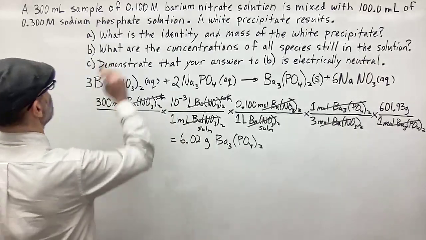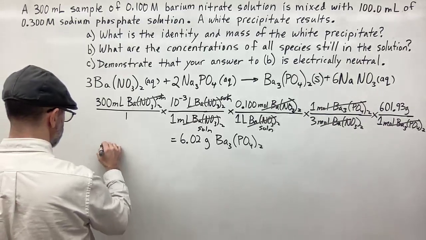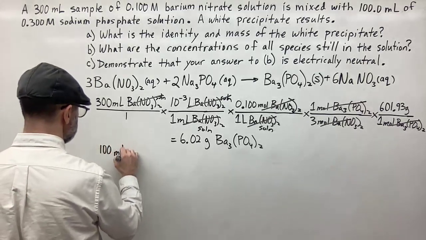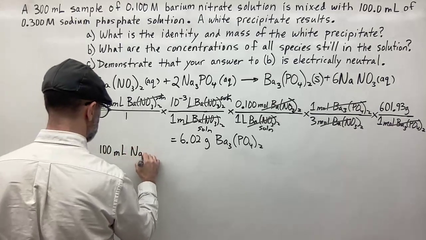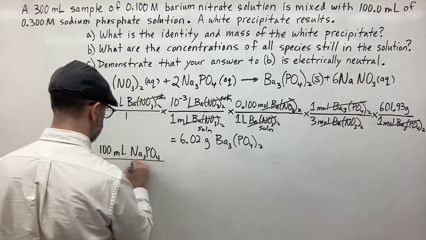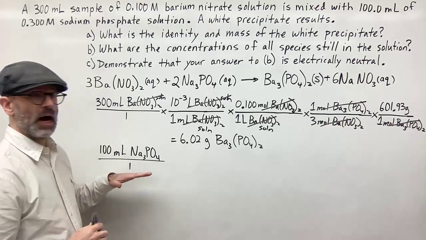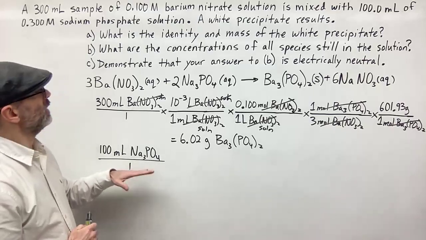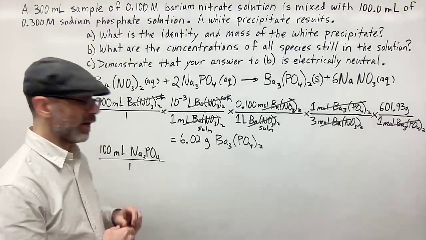So I'm going to take the 100 mils. So I have 100 milliliters of the sodium phosphate over 1. And again, I'm going to do the same sort of conversions. I'm going to convert this to liters, then use the molarity to convert to moles, and so on.